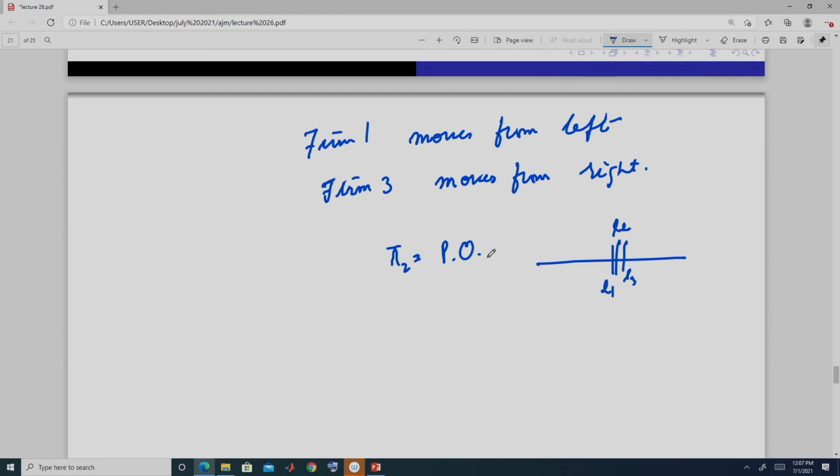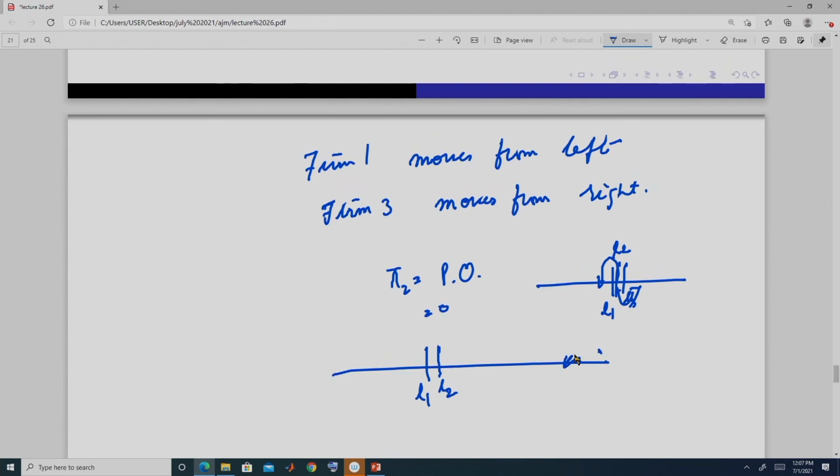So, farm 2 will think of moving here or moving there. Suppose L1 is this and L2 is here, and suppose this is adjacent. If farm 2 moves, then farm 1 will be the center, or in this case farm 3 will be the center.